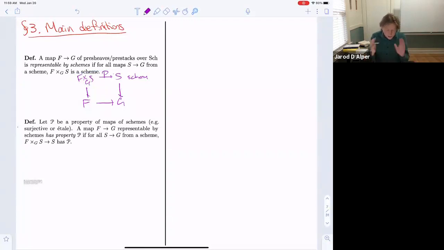All right, so now we're going to use this definition to define algebraic spaces. So this is the first key definition of today.